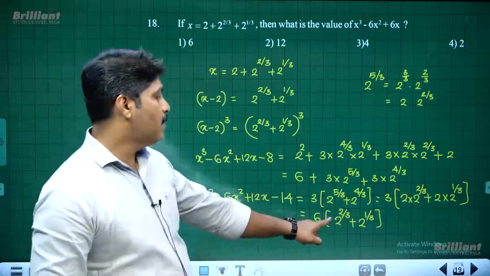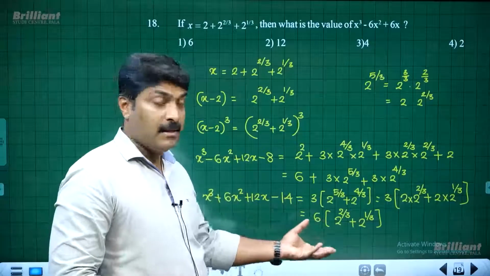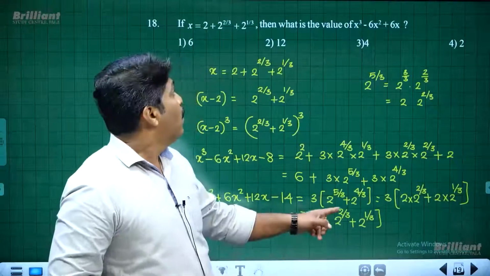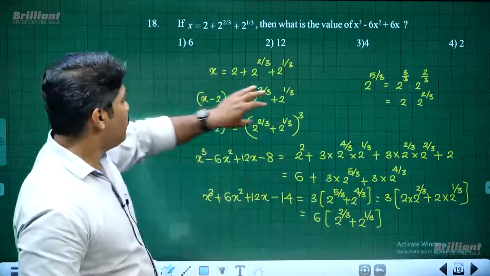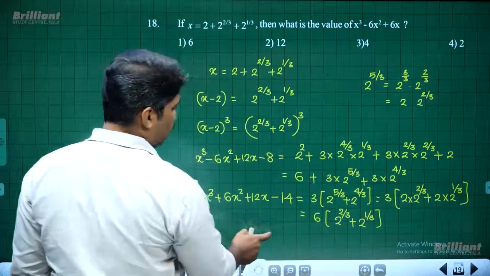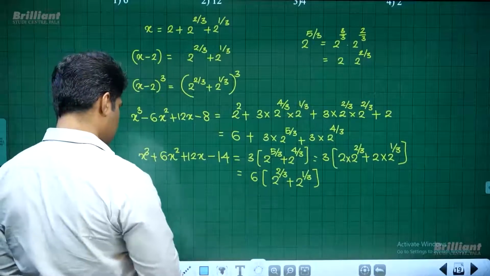Here, no need to take the 6 towards the left side because it's in product multiplication form. What is this 2 raised to 2 by 3 plus 2 raised to 1 by 3 that we assumed as x minus 2? So we just substitute instead of this value the algebraic expression x minus 2.